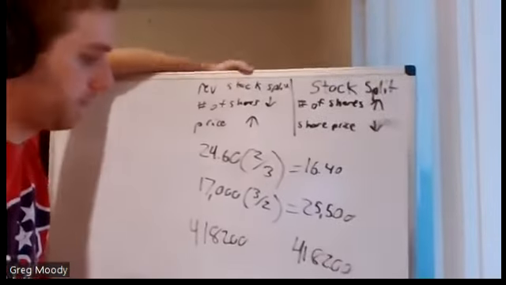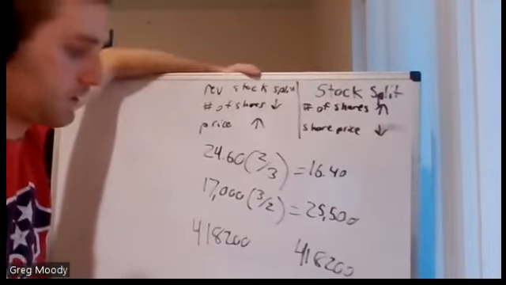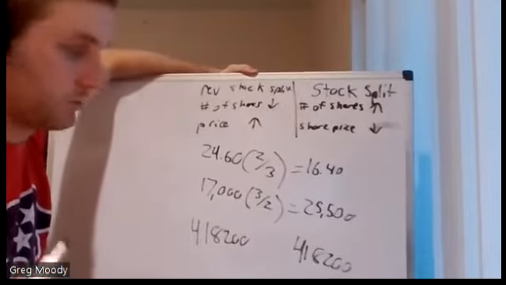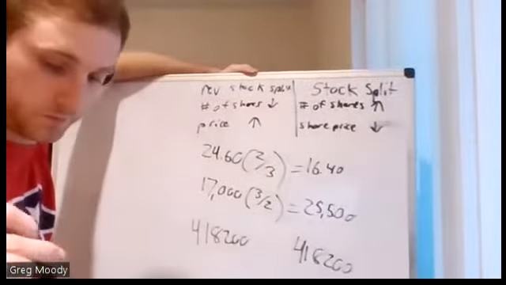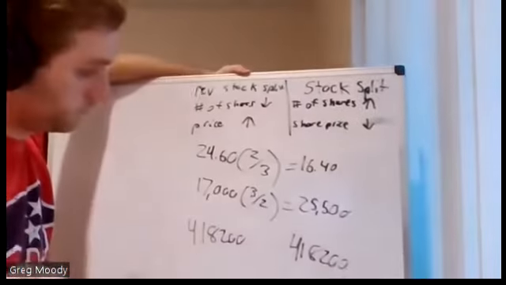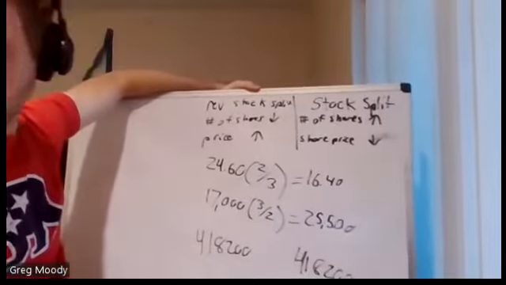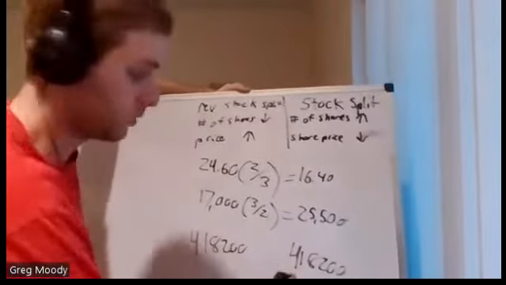So our overall value of our equity is still the same. We just changed the numbers we were using. Any questions on this one?